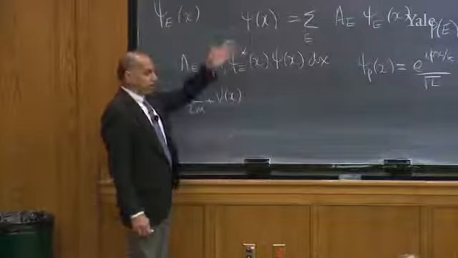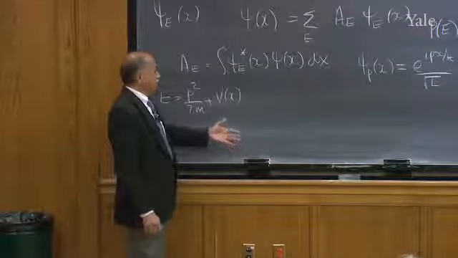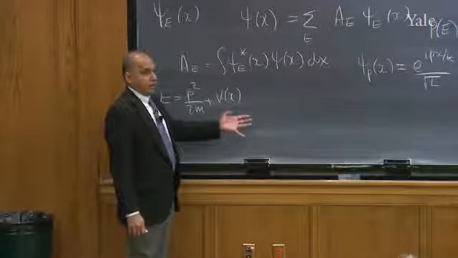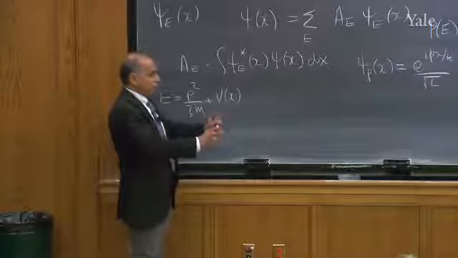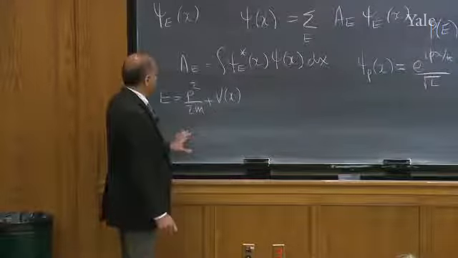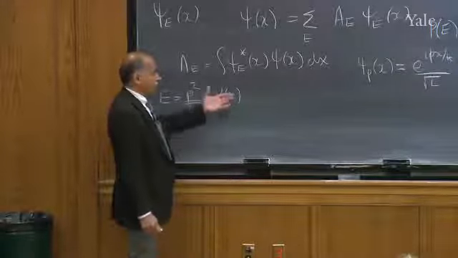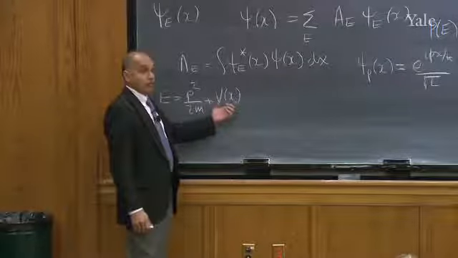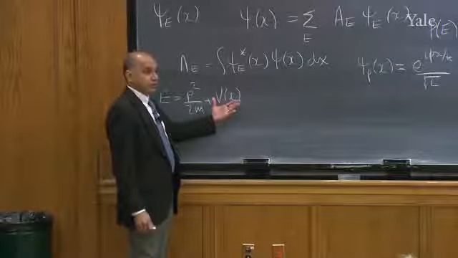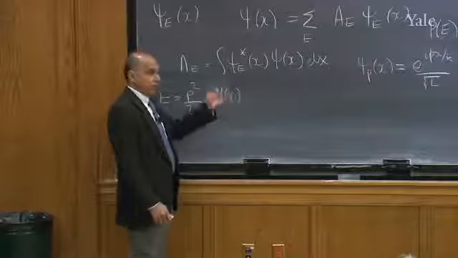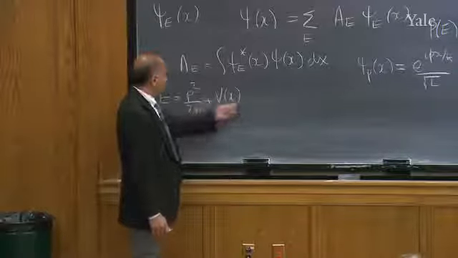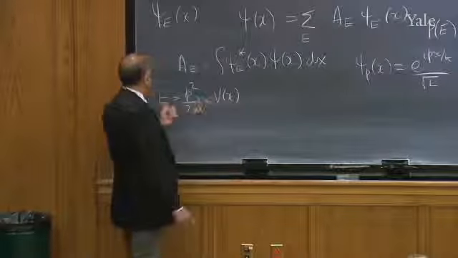If it's a particle moving up and down in gravity, it could be mgy. If it's two particles connected by a spring, it'll be something else. Or an electron in a hydrogen atom, it's the Coulomb potential, e1 e2 over r squared times some 4 pi's. So in each problem, there's a different V, and for each V, you've got to find the E.